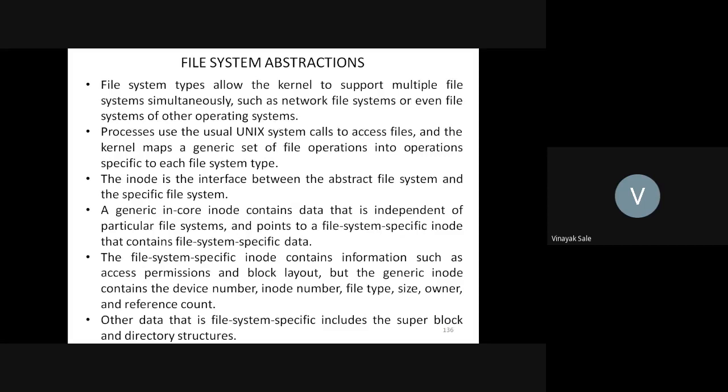The file system specific inode contains information such as access permission and block layout, but the generic inode contains the device number, inode number, file type, size, owner, and reference count. Other data that is file system specific includes the super block and directory structure.